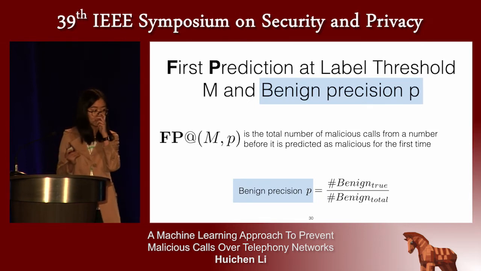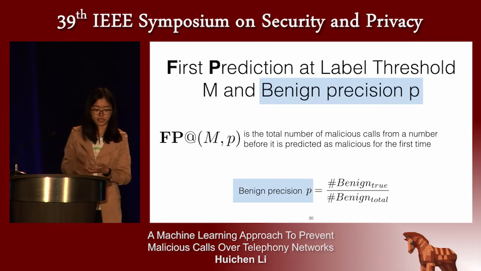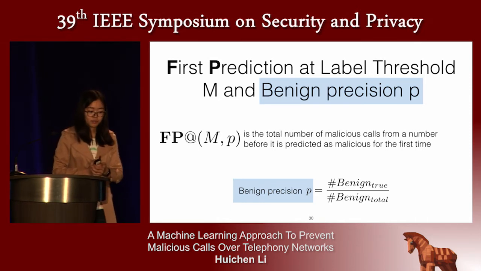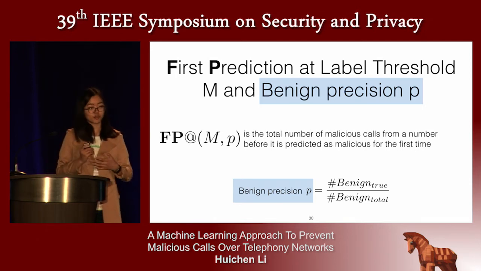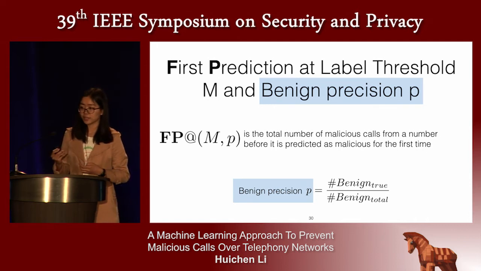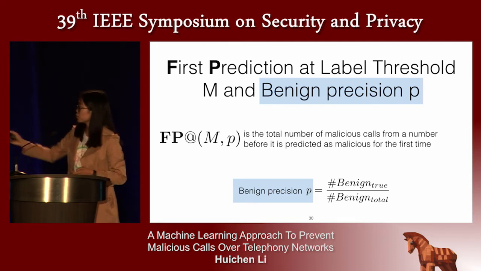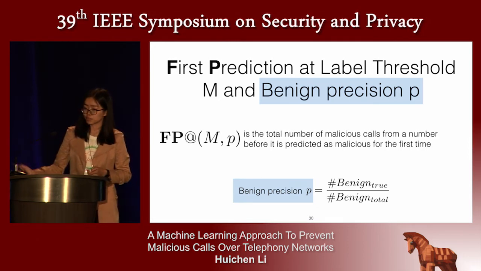We call it first prediction at label threshold M and benign precision P. FP at MP means the number of calls we have to see before we can predict a number to be malicious, if we want to ensure that the precision for the benign calls is high.